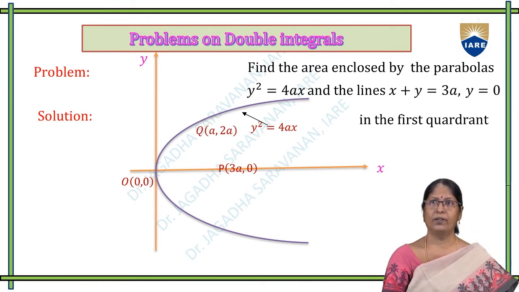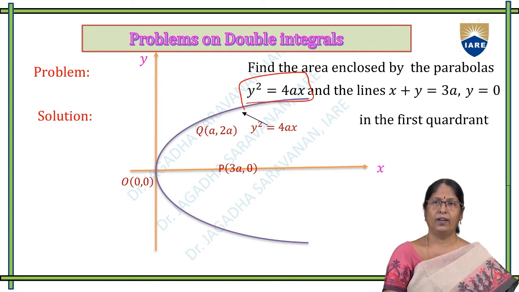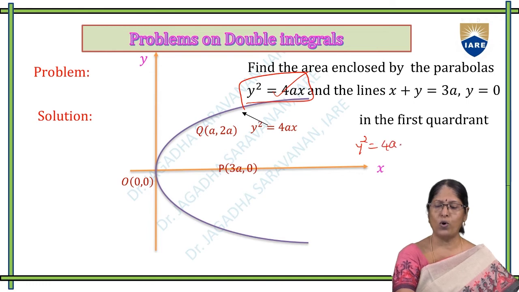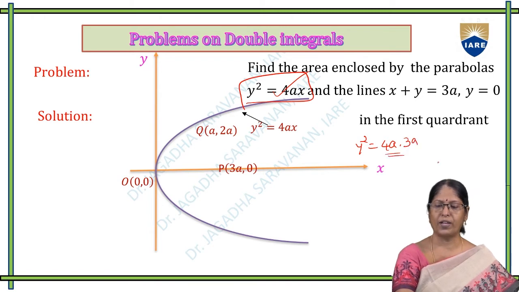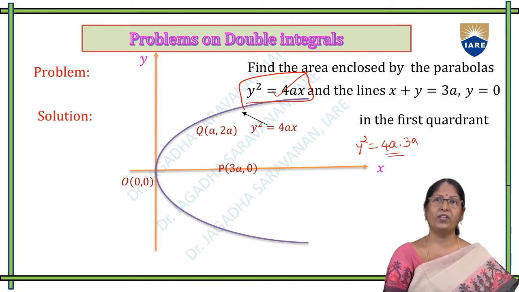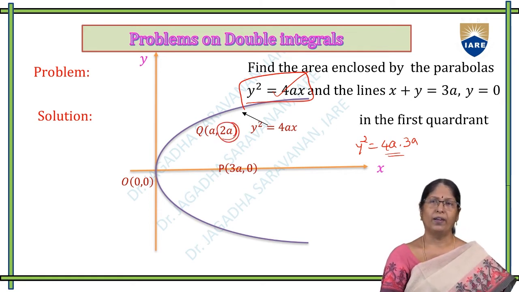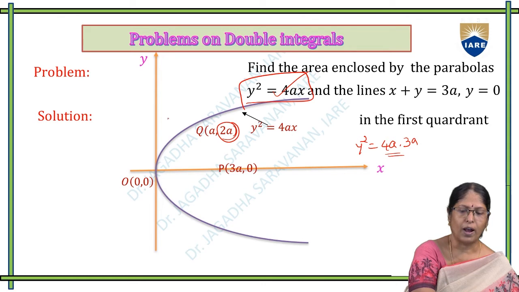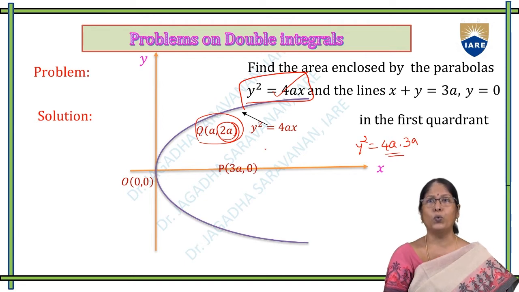The next one, y square equal to 4ax. If we simplify this, y square equal to 4a into 3a, which we just got, and we get the value of y as 2a. That is exactly where it cuts, at 2a. So we name this point a comma 2a.